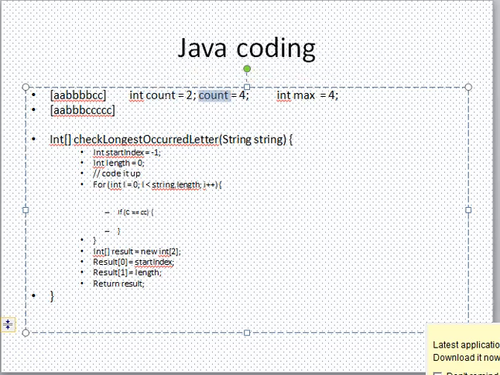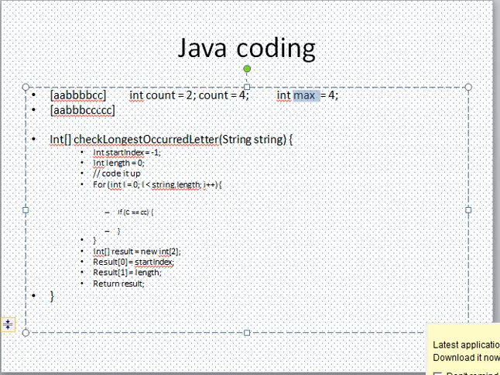As long as the count is bigger than max, we store the value. So we have the max length, and we only capture the index when the count is bigger than max.